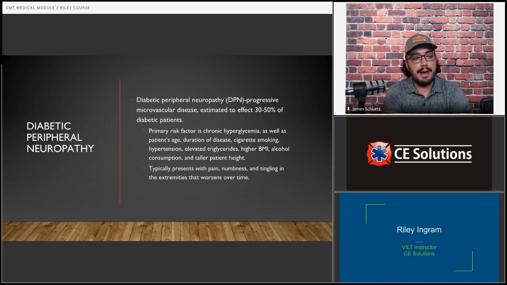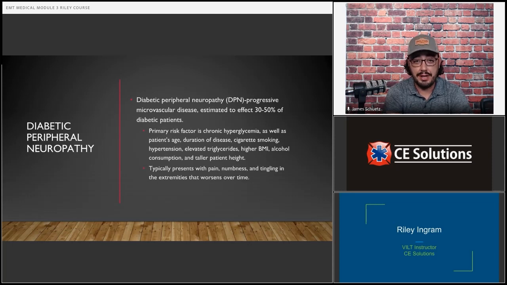So, diabetic peripheral neuropathy. This is something we see a lot, isn't it? It's a bad side effect of diabetes. Whenever you don't take care of yourself, this is coming eventually if you're bad enough off. This is a progressive microvascular disease that's estimated to affect 30 to 50% of diabetic patients.